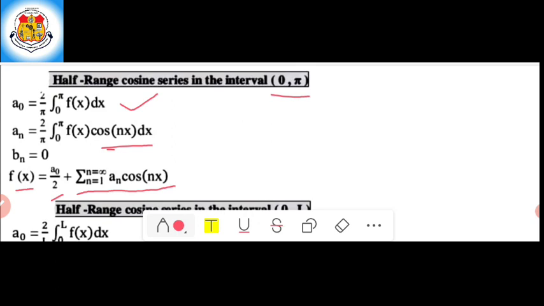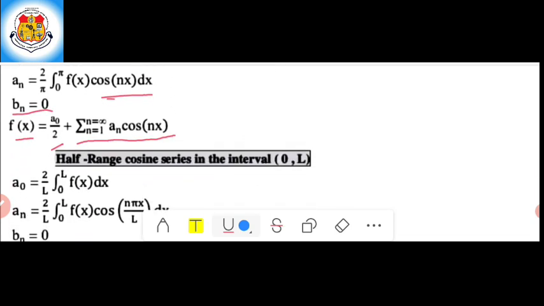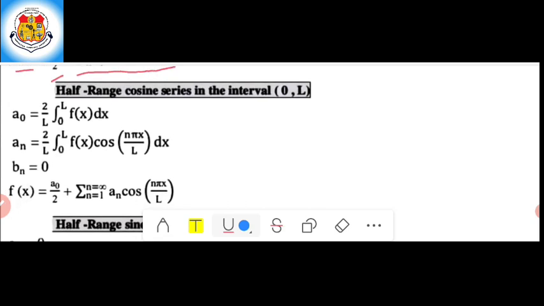In the half-range cosine series, the value of bn is always 0. In this way we find the half-range Fourier cosine series for the interval 0 to pi.